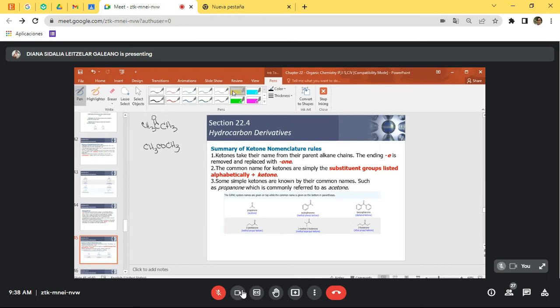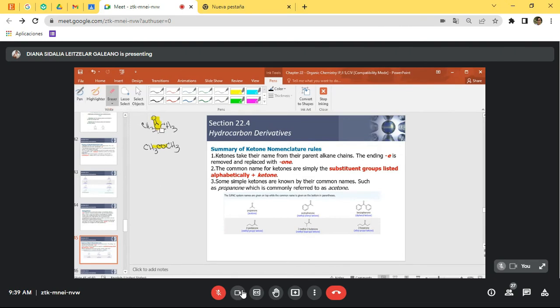The carbonyl group will be intact, nothing will be used as a substitute. Ketones do not have substitutes in their carbonyl group. The carbonyl group has to be in the middle of the molecule, and they will have the smallest possible number.